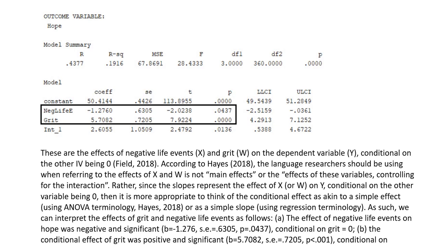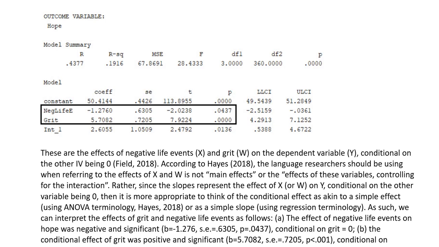So here we have the effects of negative life events and grit on hope, and you would interpret the coefficients as the predictive relationship between the individual predictor and hope when the other predictor is set to 0.